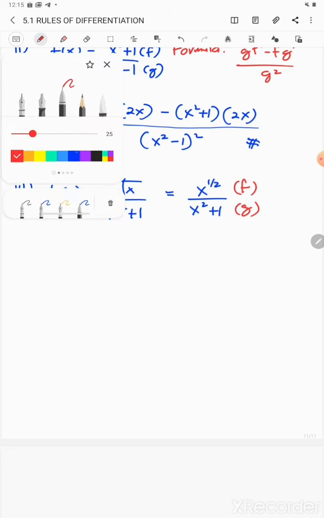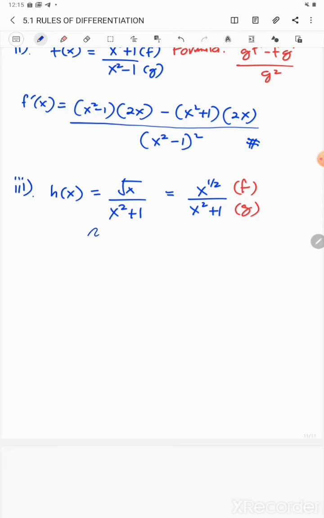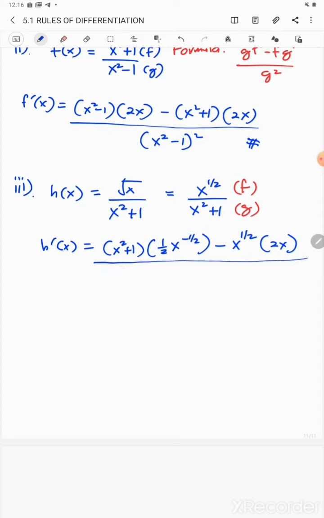To solve this, h prime x equal to, always start with g, so we have x square plus 1. Differentiate f, we get 1 over 2 x power of negative 1 over 2, minus g f prime, f which is x power of 1 over 2, g prime, we get 2x plus 0, because of differentiate 1. Divide by g square. Remember our g is x power of 2 plus 1, squared.